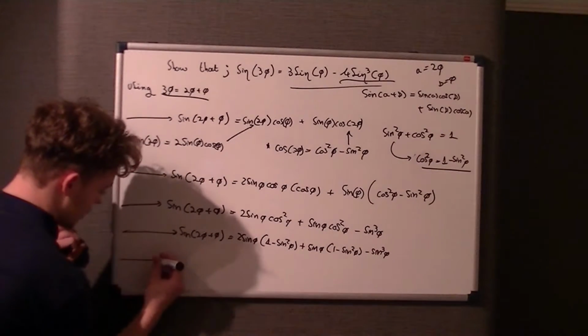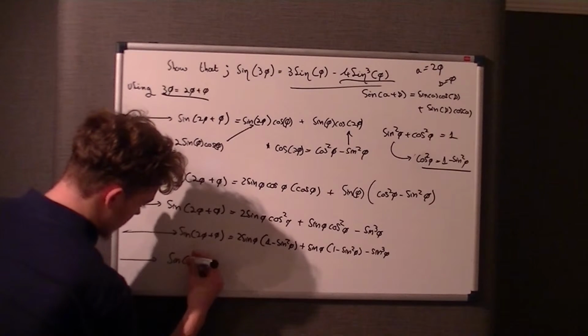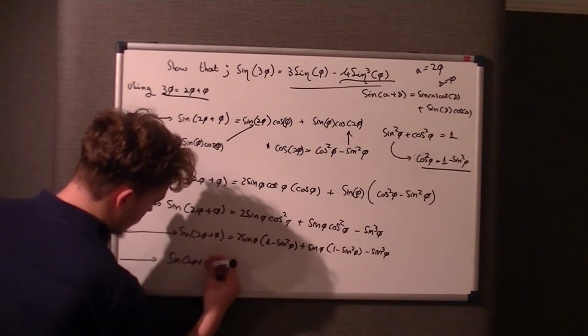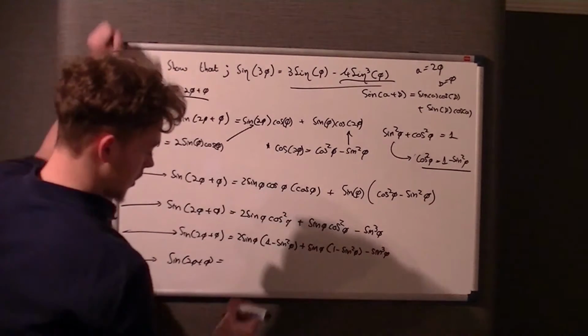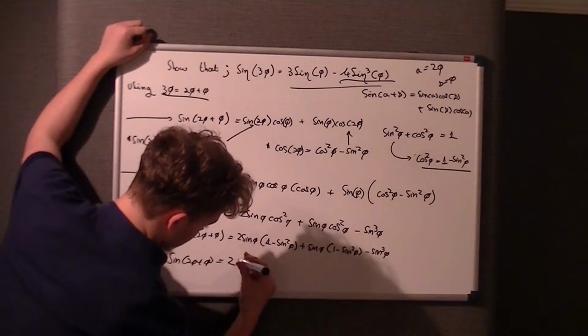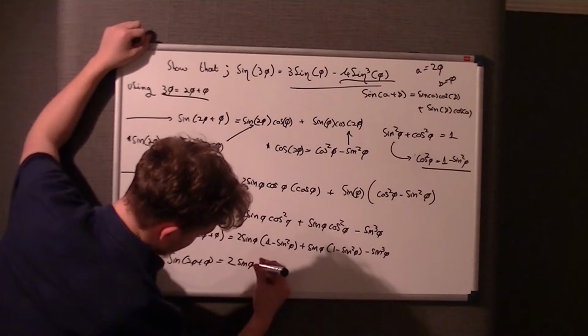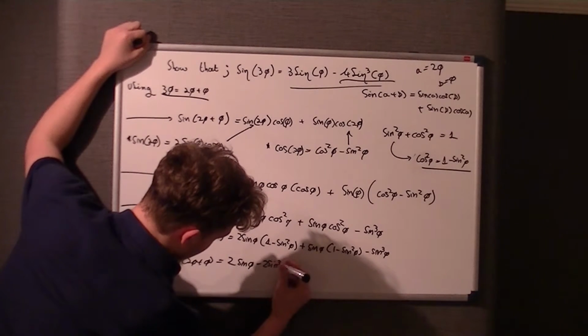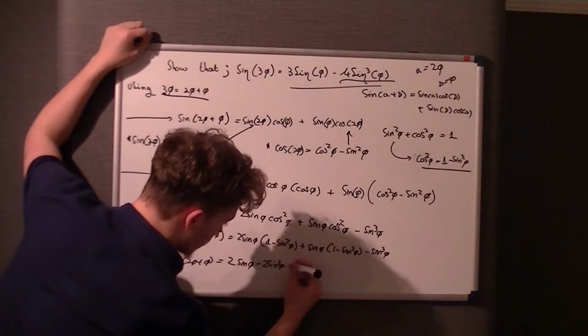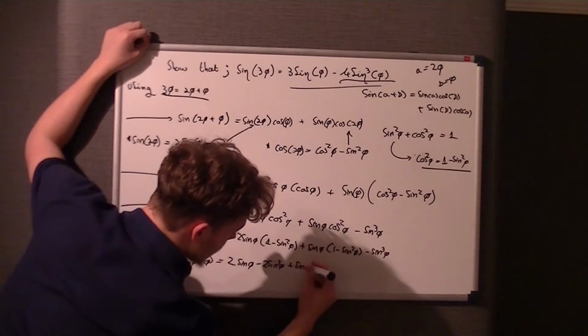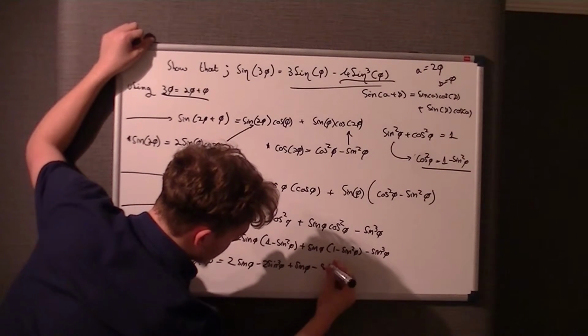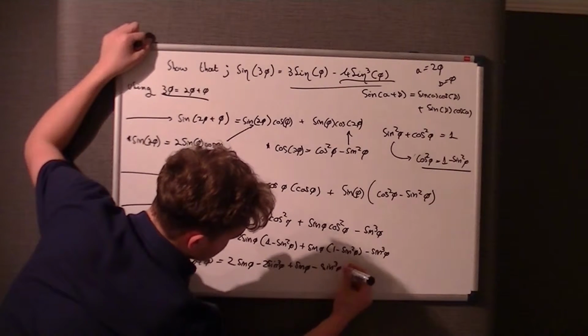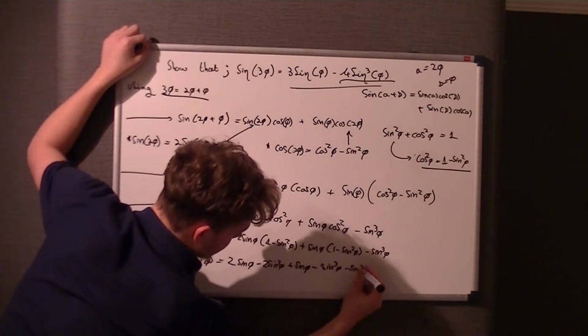Okay, so if we do that, it'd be sine 2 theta plus theta, or sine 3 theta, is equal to, well obviously this just expands to 2 sine theta take 2 sine cubed theta plus sine theta take sine cubed theta take sine cubed theta.